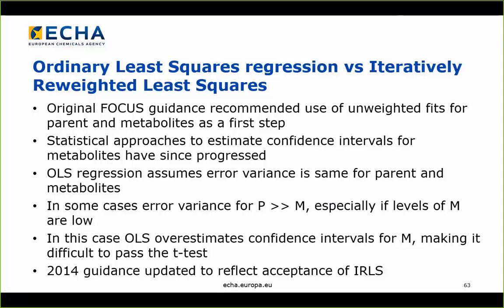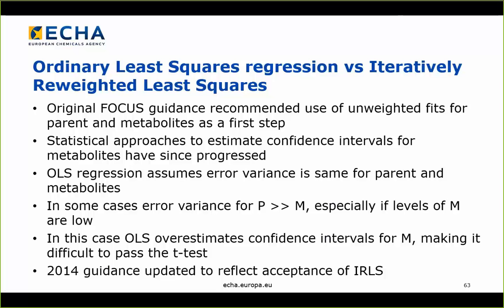So if you use OLS for parent and metabolites, which assumes the same error variance, you could end up with the metabolite parameters failing the t-test simply because the error variance is that of the parent. And so it would make it more difficult to get an acceptable t-test.